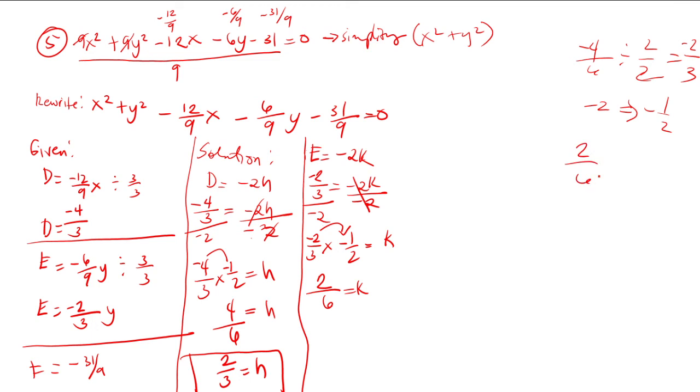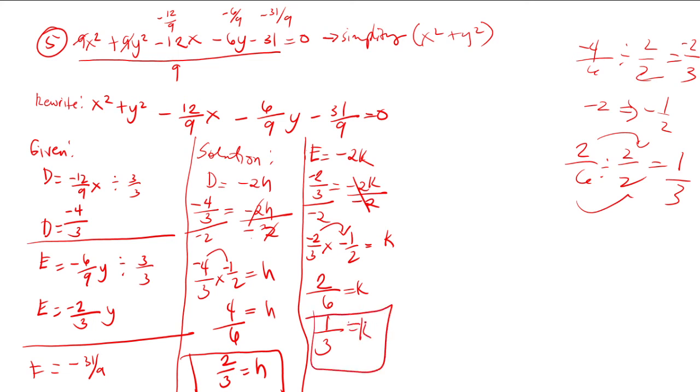Now, 2 over 6, divide both sides by 2 to simplify. 2 divided by 2, 1. 6 divided by 2, 3. So, 1/3. 1/3 yung value ng k. Okay, yun na yung value ng k natin. Next, so ibig sabihin, the center now, burahin ko lang to saglit.